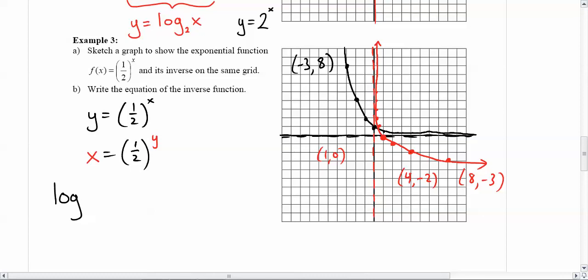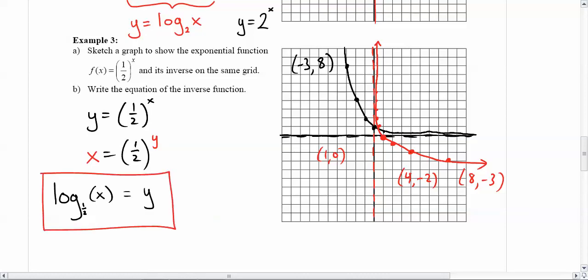So we write a little 1/2 beside the log, and that means log base 1/2 of x equals y. That's the equation for the red line. Okay, so both these things mean the same thing. If you have a 1/2 as a power on one side of the equation, you can move it to the other side by making it the base of a log. And we'll learn more about that next class.